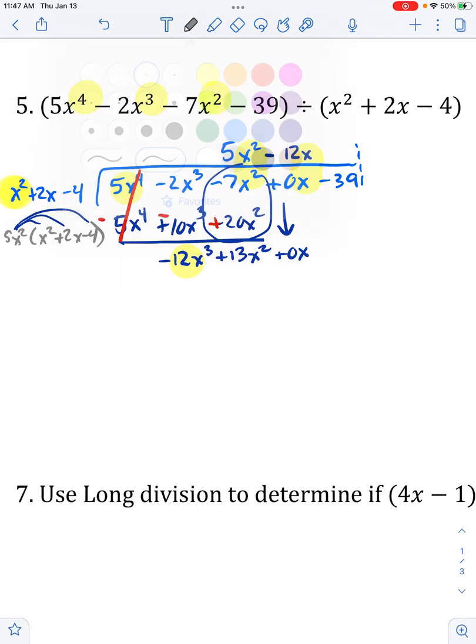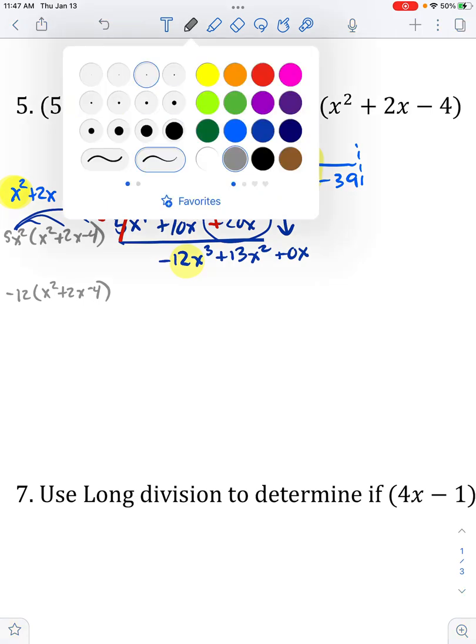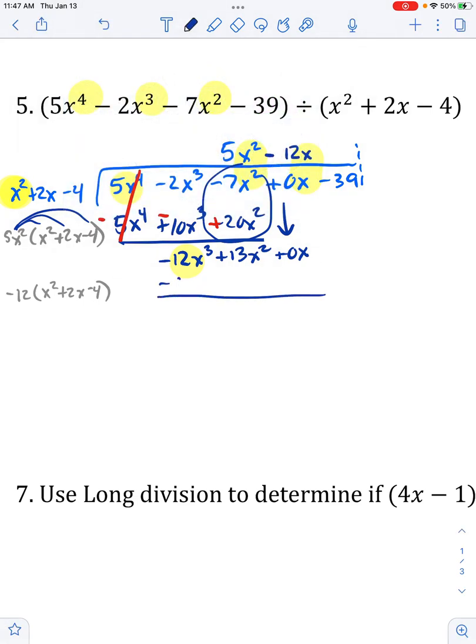So if I'm going to do that, I'm going to have negative 12 and then multiply it by this side thing, giving me negative 12x cubed. Oh, I forgot my x here, sorry. And then here, minus 24x squared.